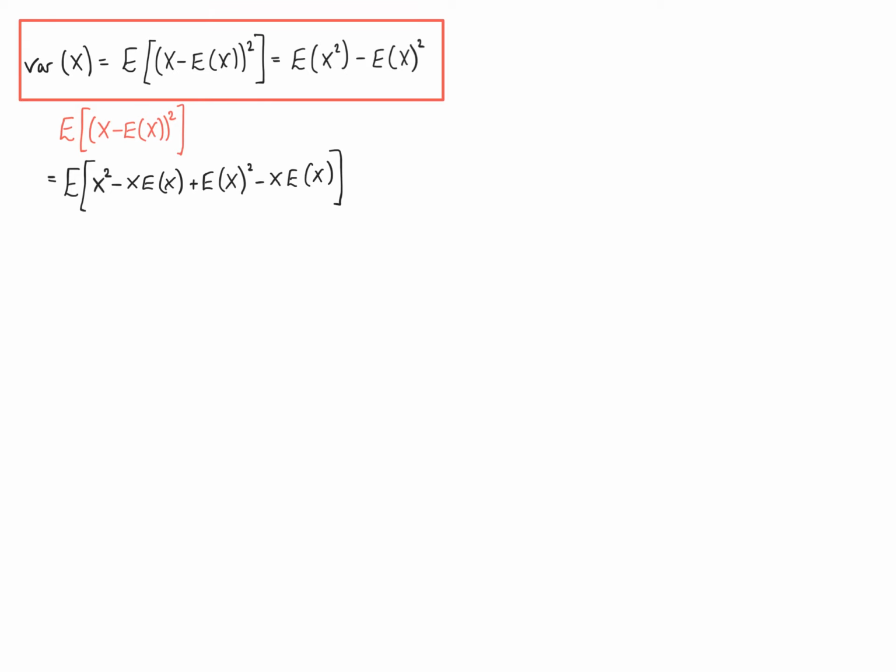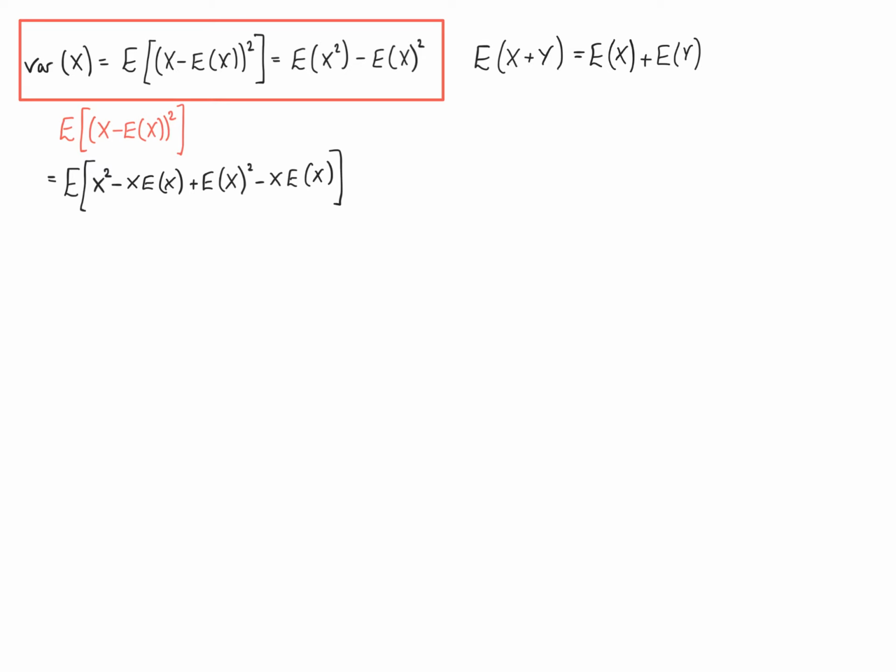Now, in order to analyse this, we need to use a few rules relating to expectations. We know, for instance, that the expectation of a sum of random variables is equal to the sum of the expectations.